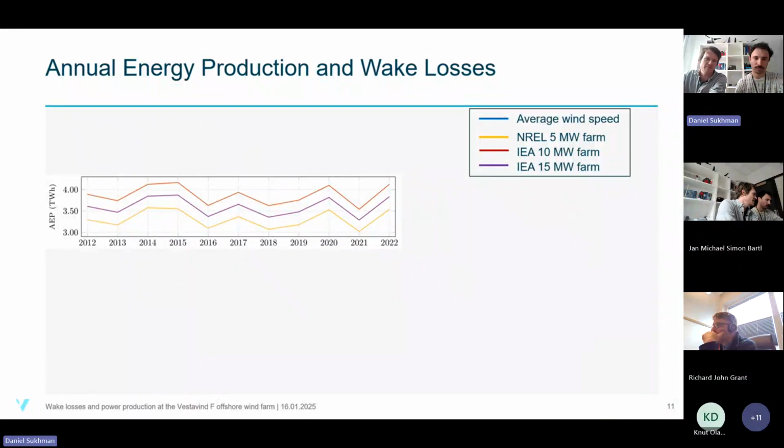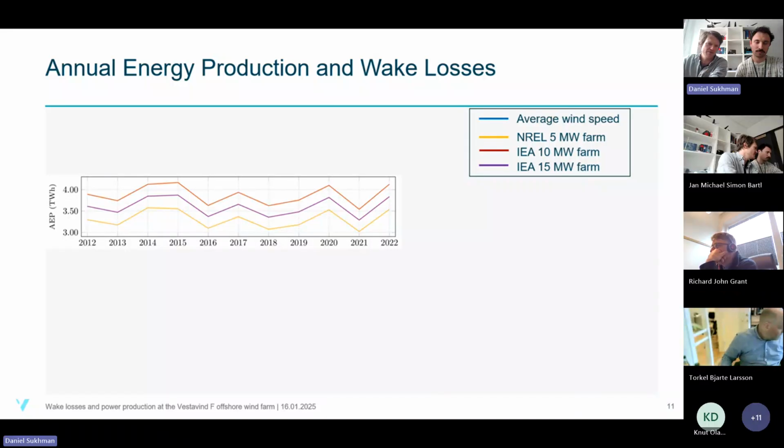And this variability also reflects in the annual power production that we see. So the 3 colors here represent the 3 different wind turbine types that we assembled in these 750 megawatt farms. And because of different reasons, which we will go into later, the 10 megawatt wind farm has the highest annual energy production here.